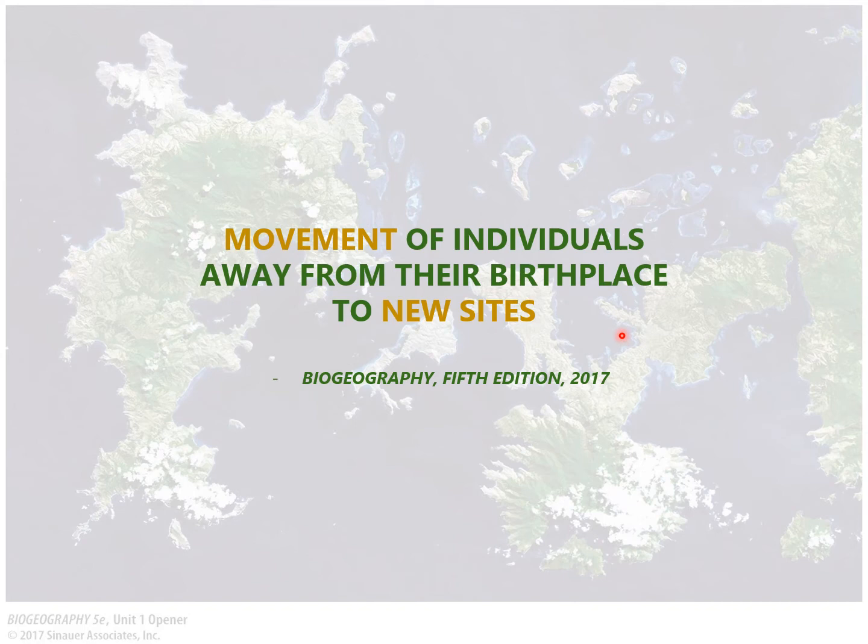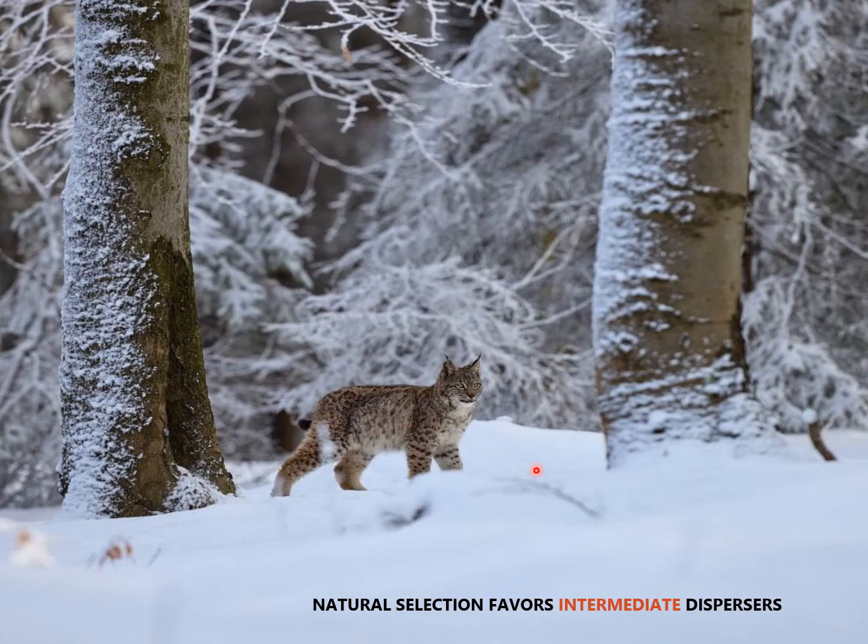At a certain point in their life they will leave where they were born and go to a new site. And natural selection tends to favor this to some extent, so we can say, in a general sense, natural selection favors intermediate dispersals. There's a lot going on here.